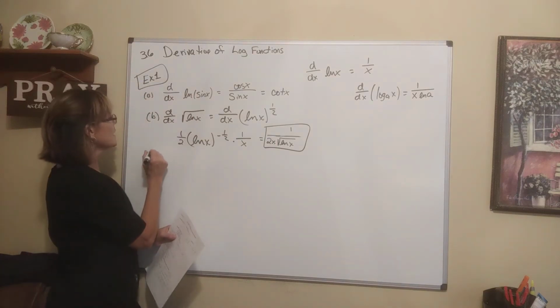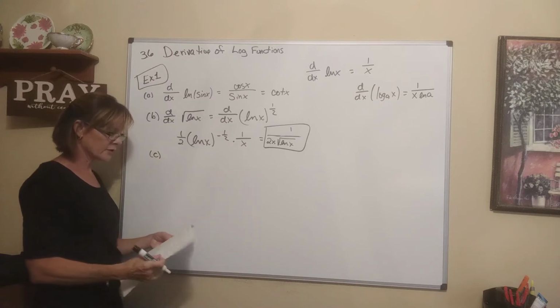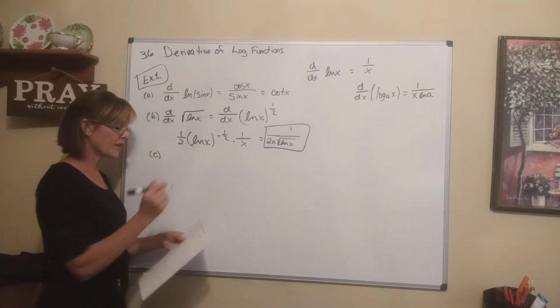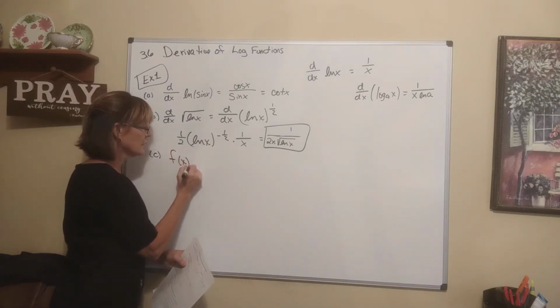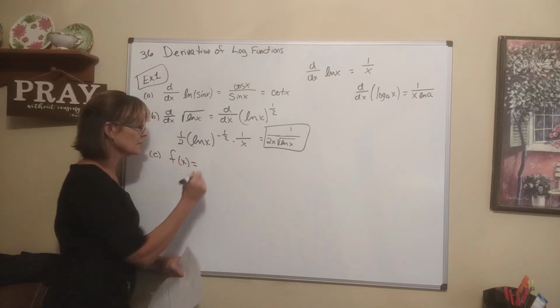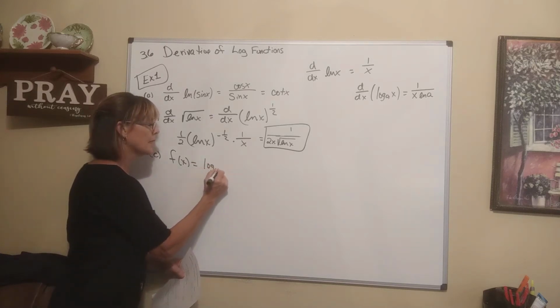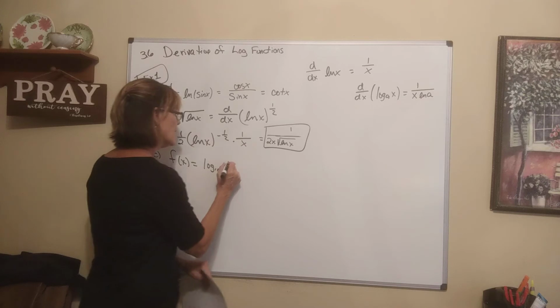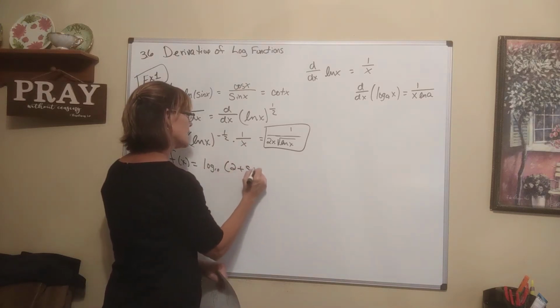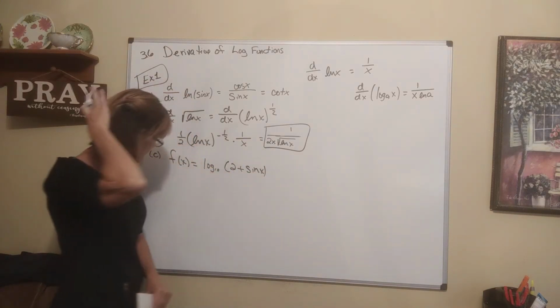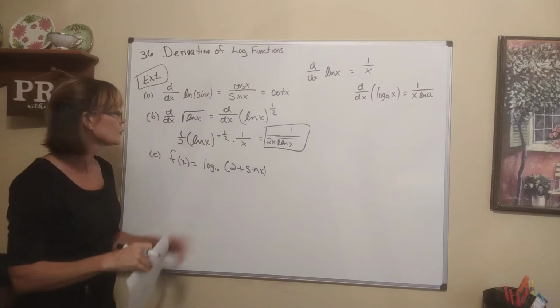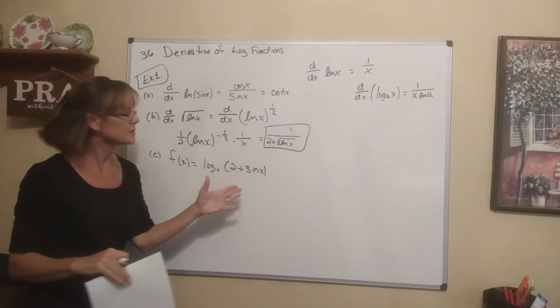He's a weirdo. Here is c. We have to differentiate f of x, so find f prime of x, when the function f is log base 10 of 2 plus the sine of x. There's nothing too special here. There's a little bit of chain rule, but this has a different base, so that's why this one's in here.